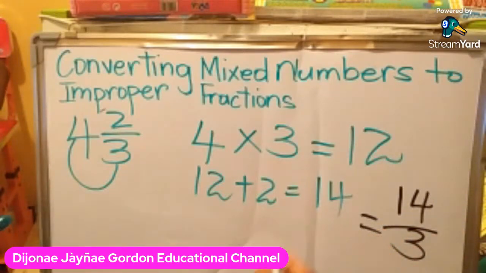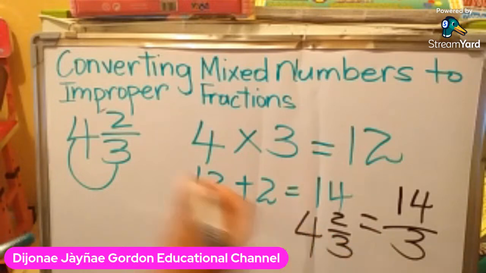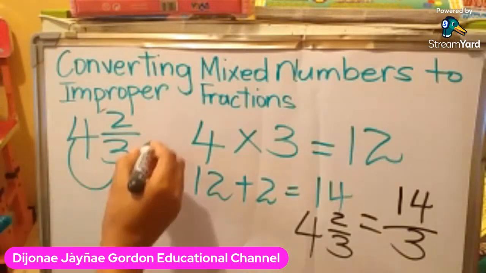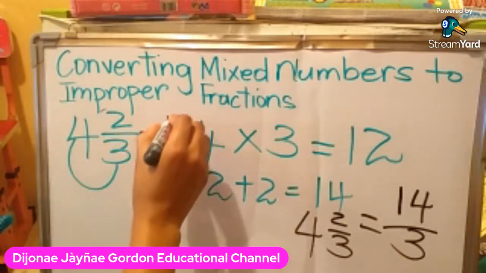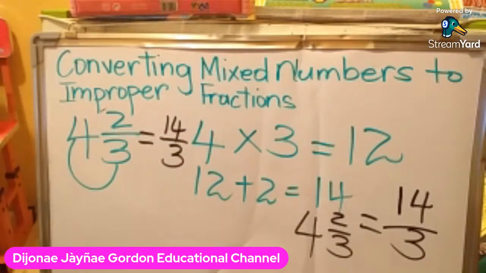So when you have the mixed fraction 4 and 2 over 3, you are going to get the improper fraction 14 over 3.